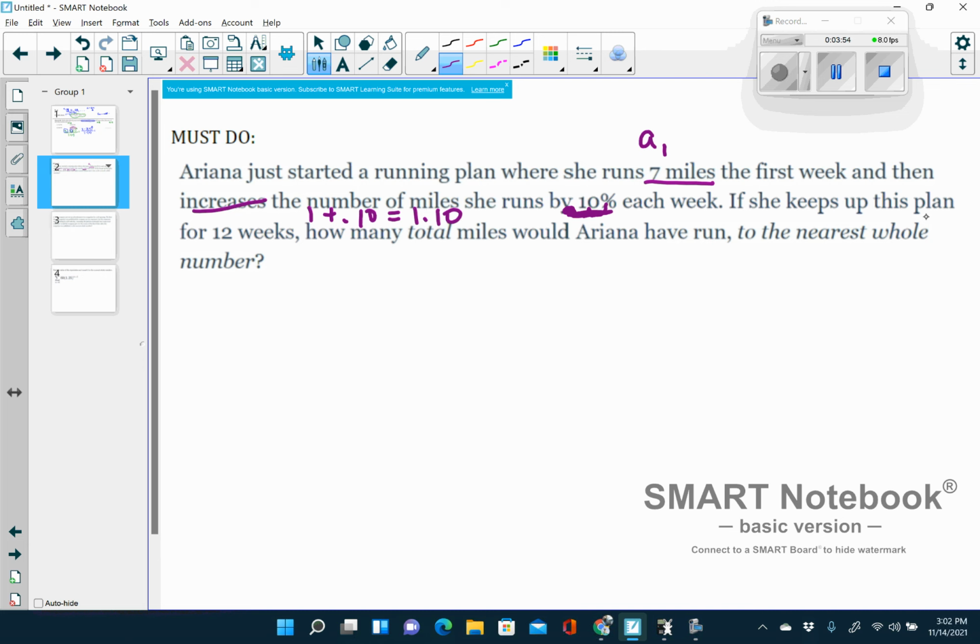She keeps up this plan for 12 weeks. So here our n is equal to 12. Okay, so we have our A1, we have our R, and we have our n. Now we're going to go back, refreshing your memory: A1 minus A1 R to the n power, all over 1 minus R. This is our formula. Your R should be in parentheses. So now all we have to do is plug in some numbers.